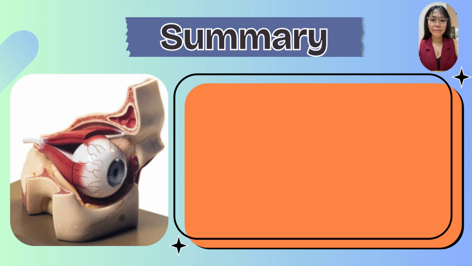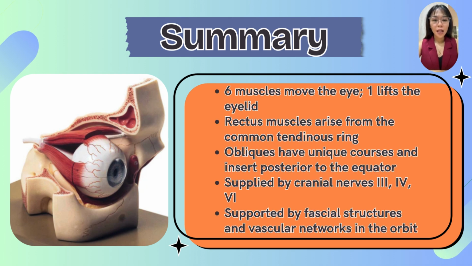Alright, thank you guys. To conclude our presentation, here's a quick summary of the key points. There are six muscles that move the eyeball, and one muscle, the levator palpebrae superioris, that lifts the upper eyelid.